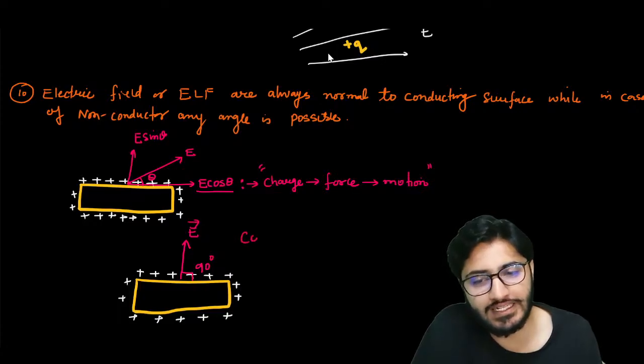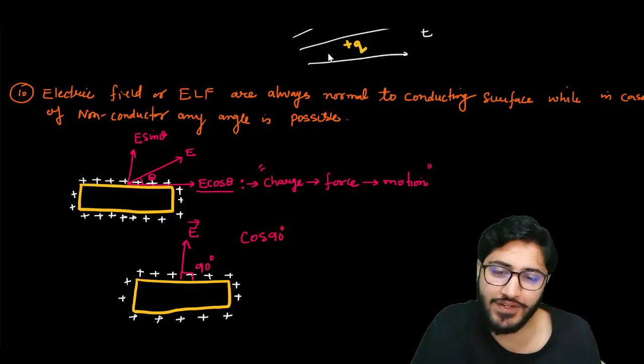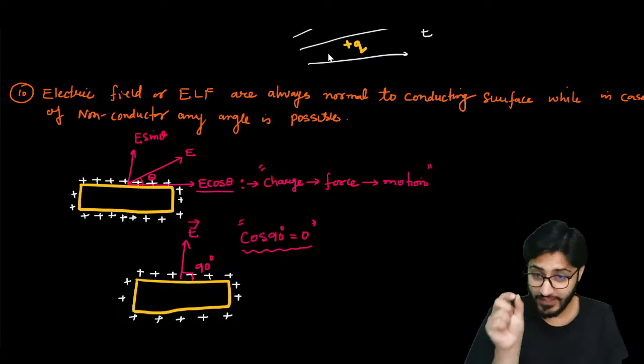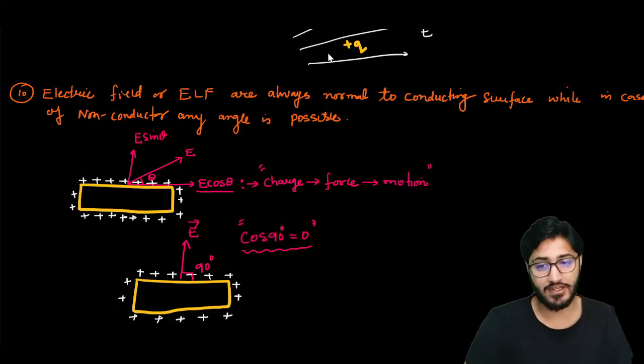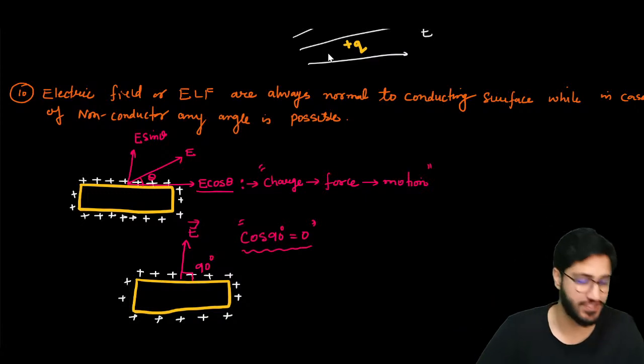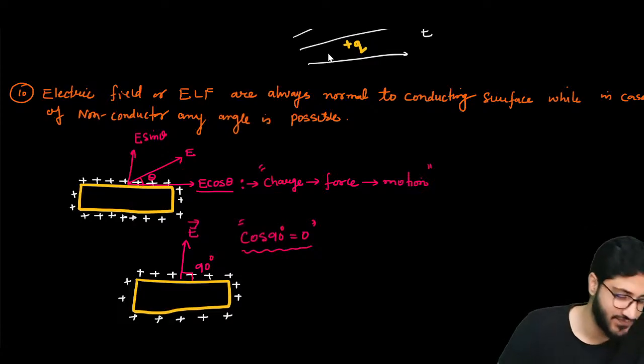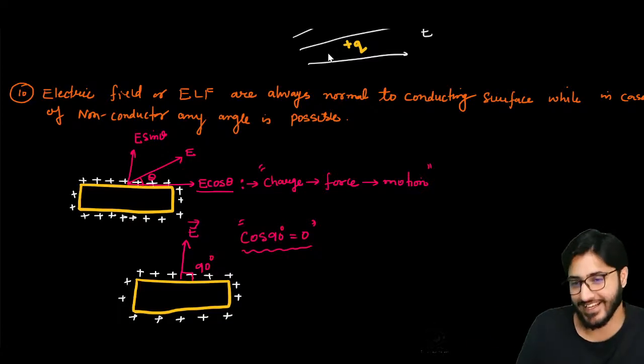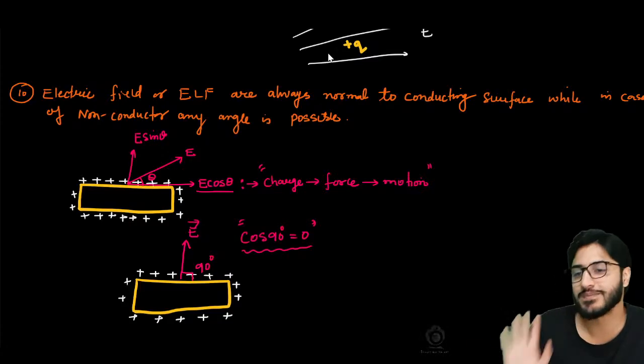What is cos 90? Sir, cos 90 is 0. So at this 90 degree angle, the charged particles won't feel any force, so they won't get dragged. They won't produce electric current, which is correct.